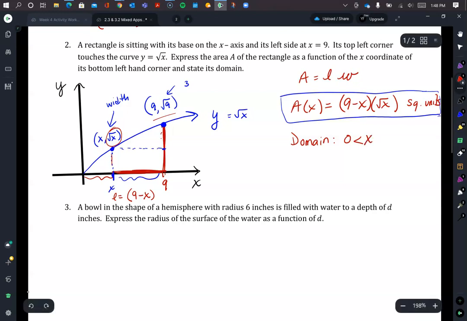But I guess you could, at least it would be something, right? So you could include that if you wanted. I'm not going to. 0 less than x, and then I would go up to 9, because that is where it has to sit, so I can't go past that. And that would be your answer to the second part.